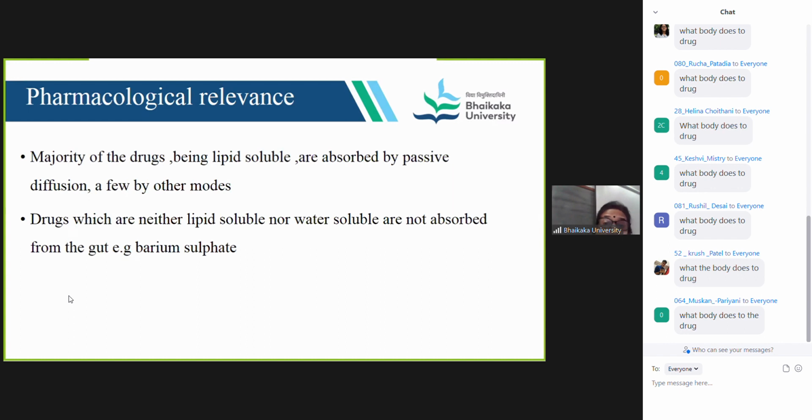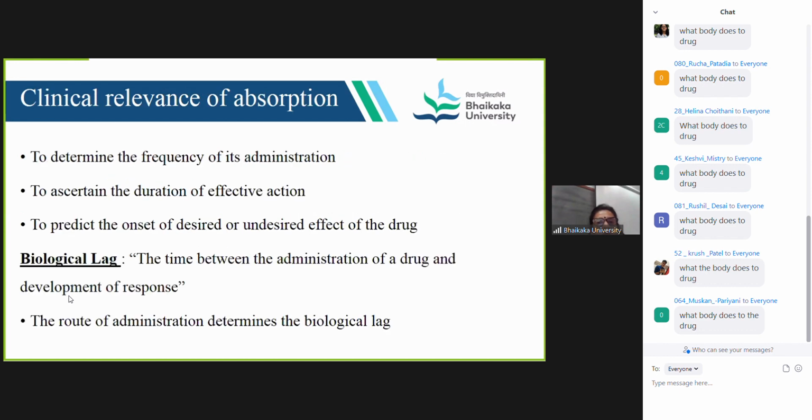Drugs which are neither lipid soluble nor water soluble are not absorbed from the gut. One example is barium sulfate, which is not used for any pharmacological or clinical relevance. The first statement you have to remember is lipid soluble as well as passive diffusion.